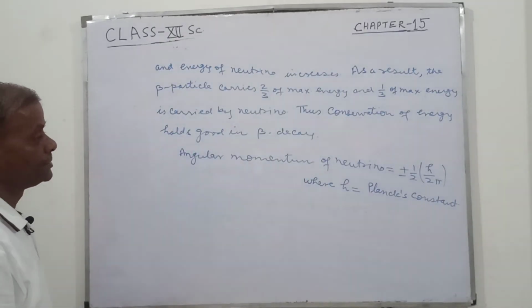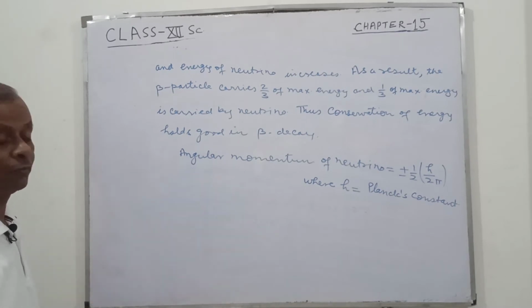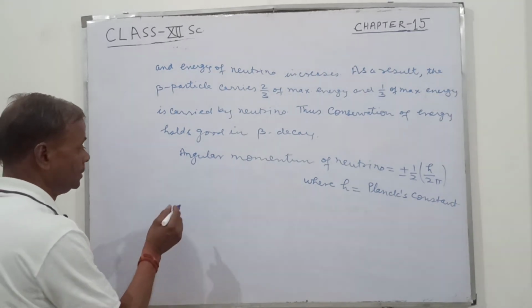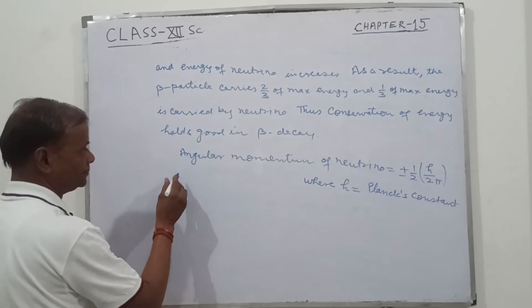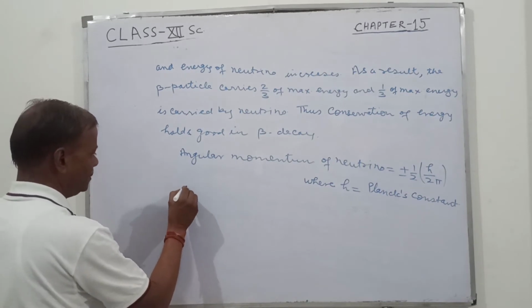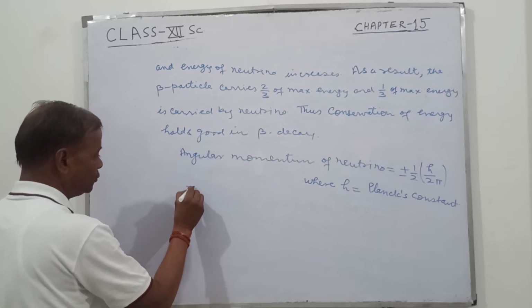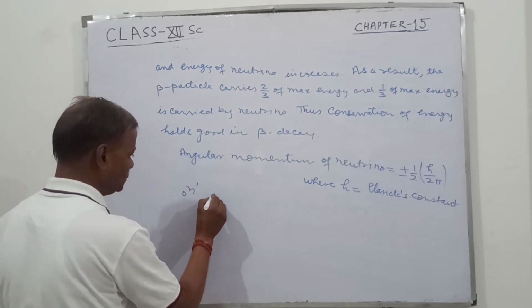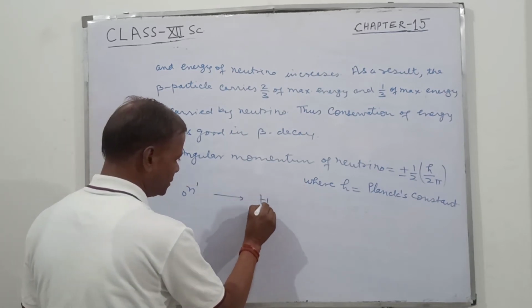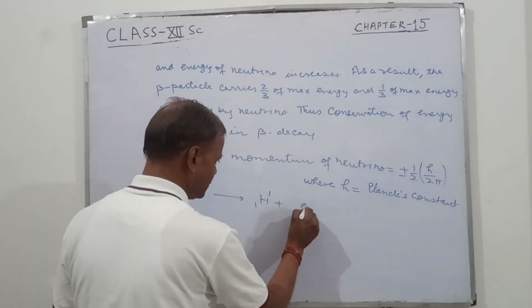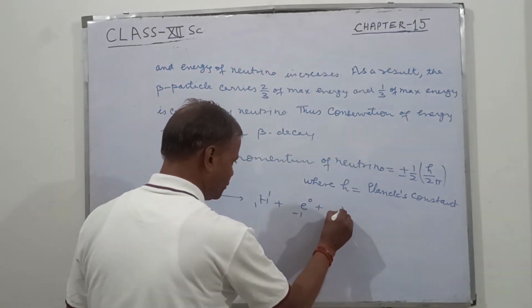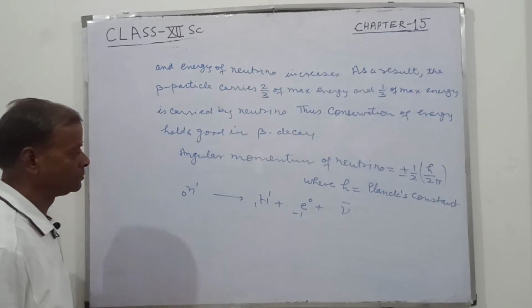Now we can see that this conservation of angular momentum is also followed. Like this, suppose we have n01, this converts into h11 plus e minus 1 0 plus antineutrino.